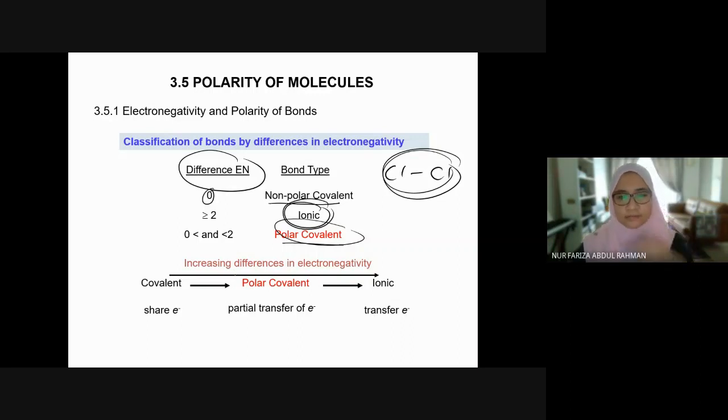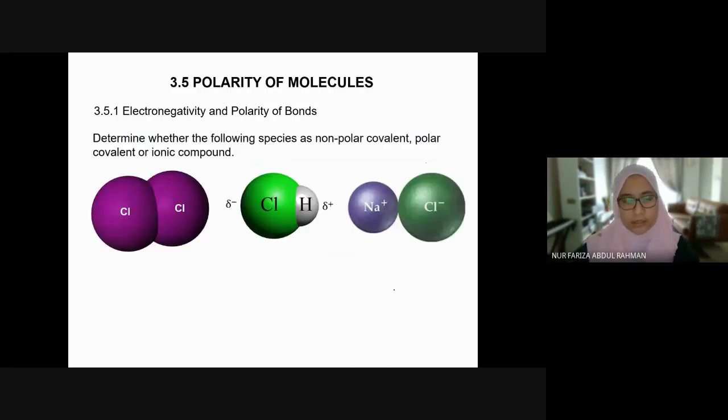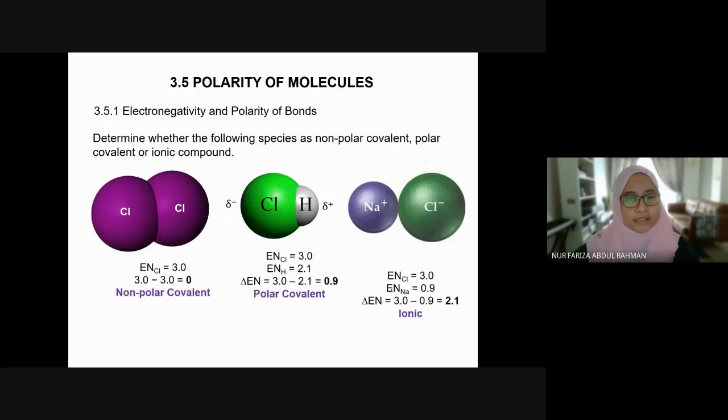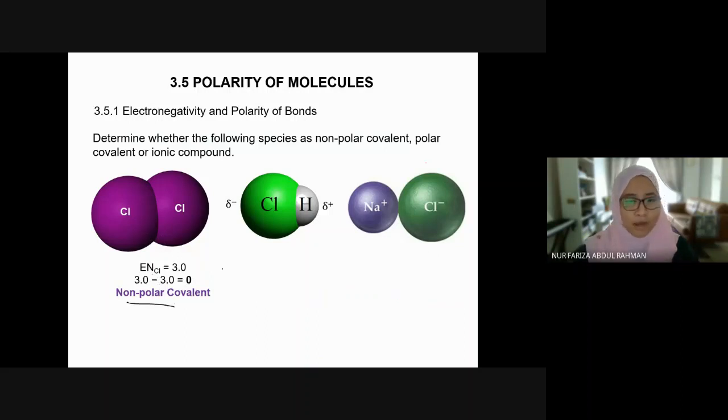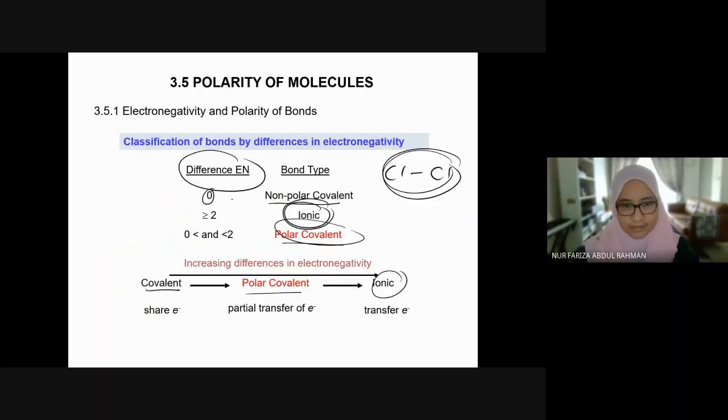So we have covalent, which is non-polar, and then polar covalent. If the electronegativity is too different, it will become ionic. So how do you calculate? Like I said just now, if we have Cl and Cl, we subtract the electronegativity, 3 minus 3, we get 0. So 0 means non-polar. Refer to this one.